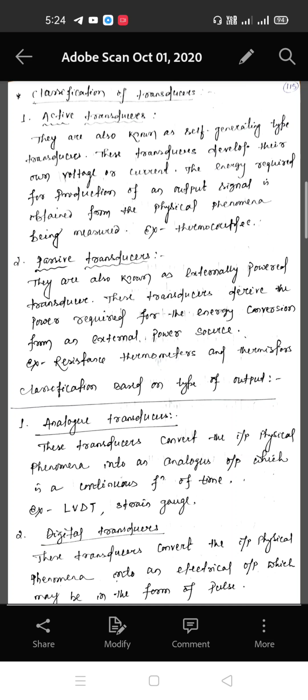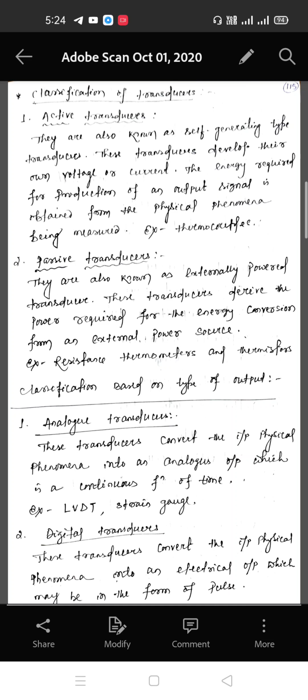So what are the various classifications of transducer? Let's see. Broadly, transducers are classified into two types. One is the active transducer and another is the passive transducer. So what is an active transducer? An active transducer is known as the self generating type transducer. What does self generating mean?